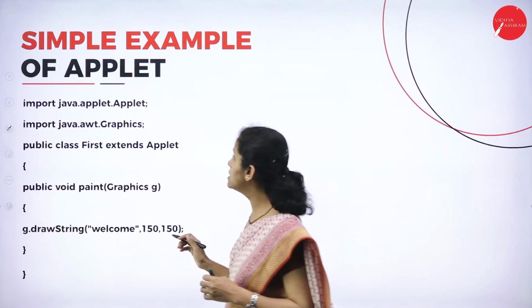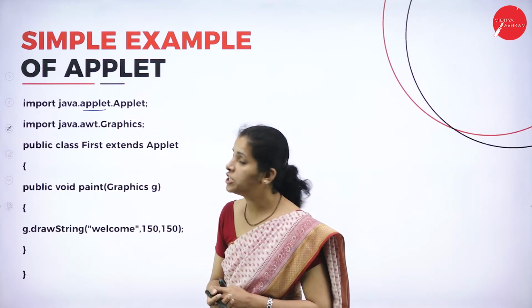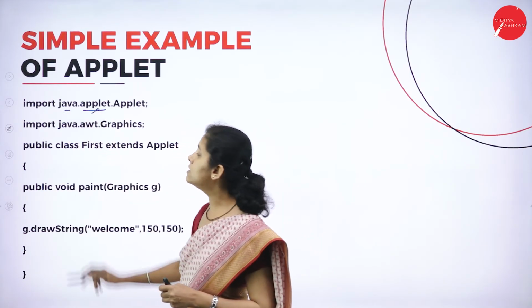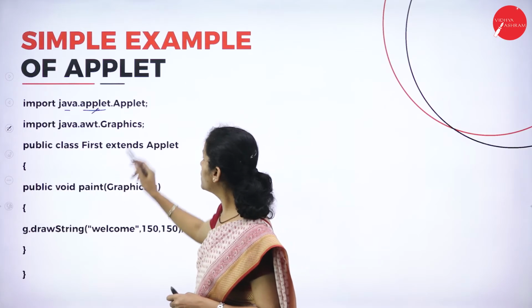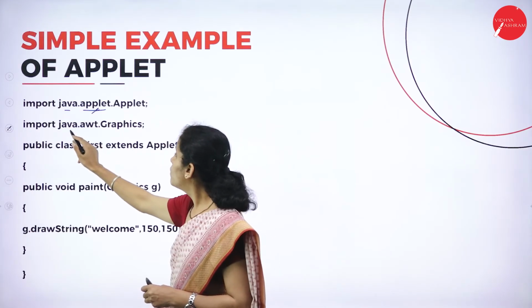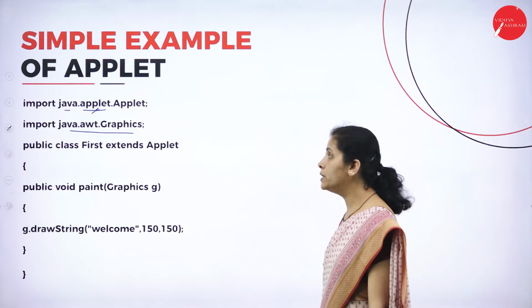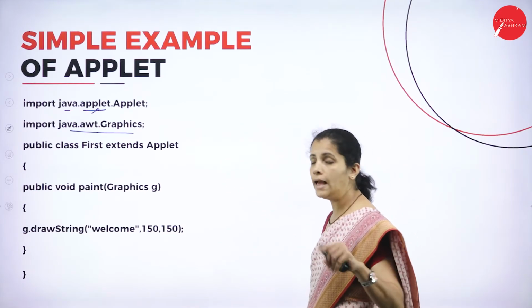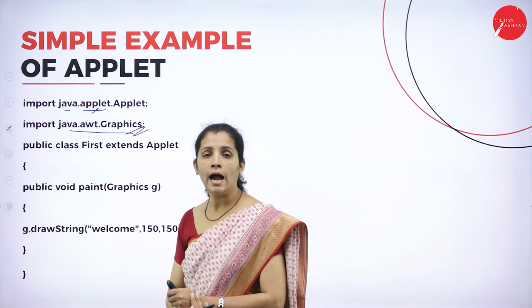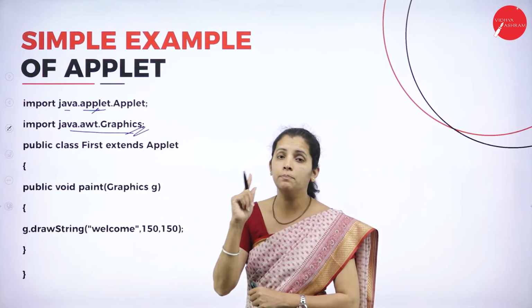For that reason, I'm going to include the applet package, java.applet, which is the sub package, along with the class name. Once again, I'm going to make use of the Abstract Windows Toolkit, and in that I'm going to have the class called Graphics, which I'll use in my paint method.